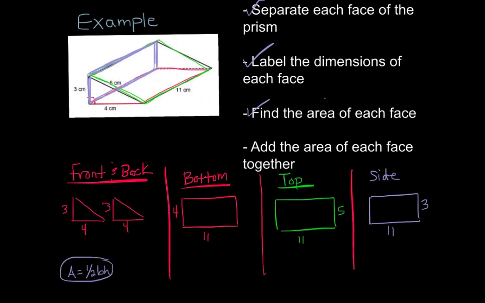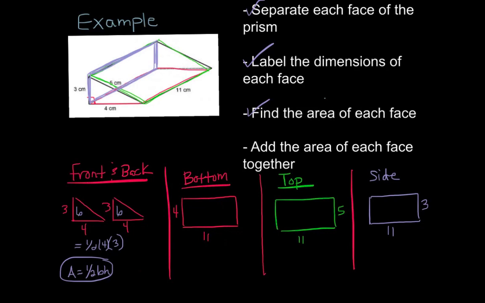So we have our base, which is 4, and our height, which is the perpendicular segment, has a length of 3. So if we go 1/2 of 4, that's 2, times 3 is 6. So the area of this triangle is 6 square centimeters. I'm just going to go ahead and write 6 in there since I don't have a lot of space.